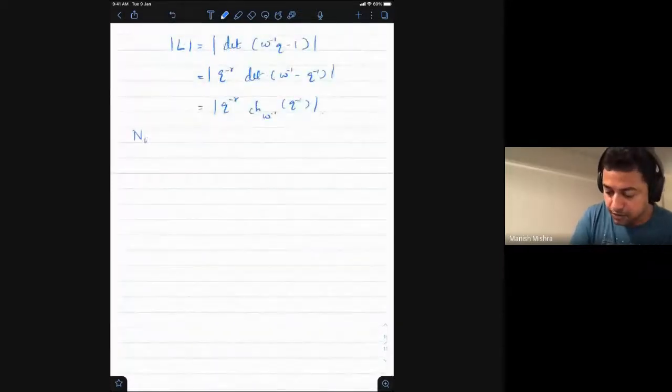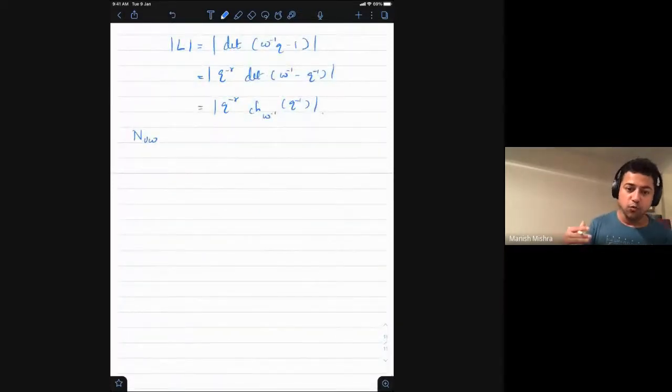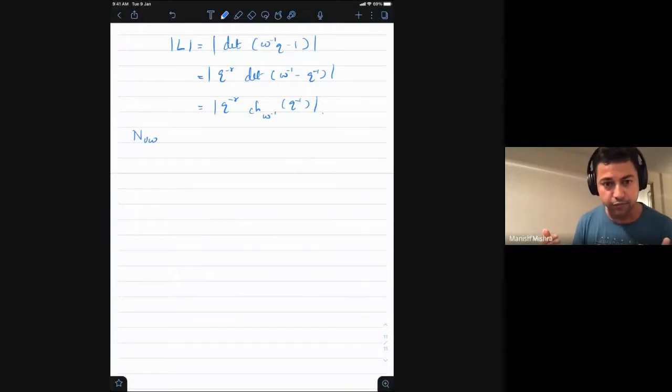Now omega inverse is a finite order linear transform.